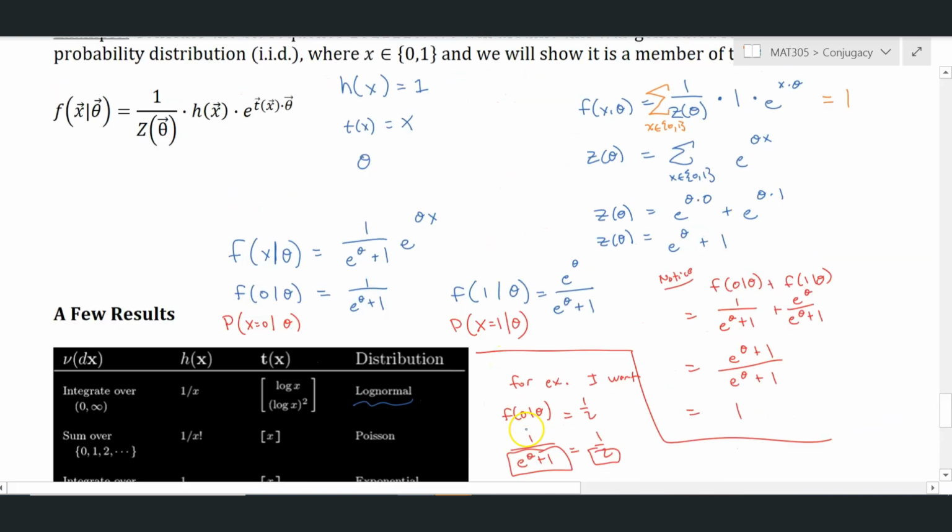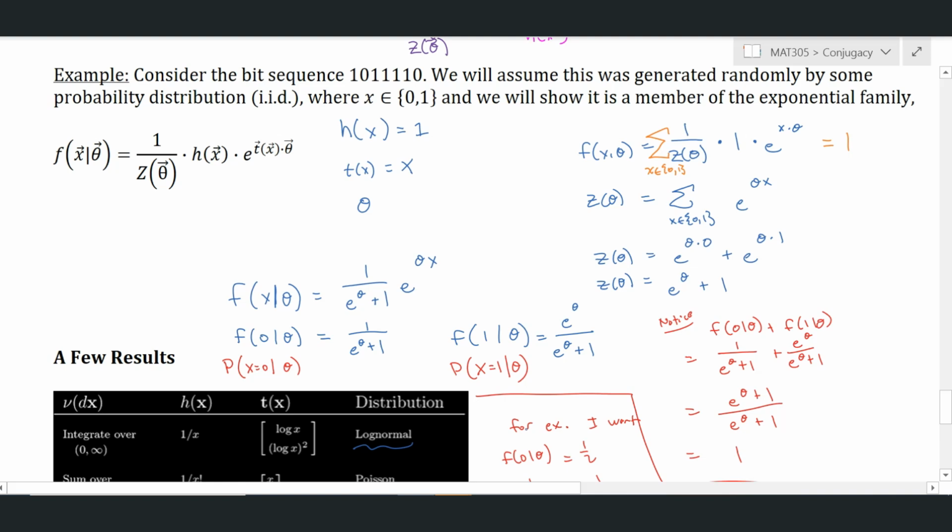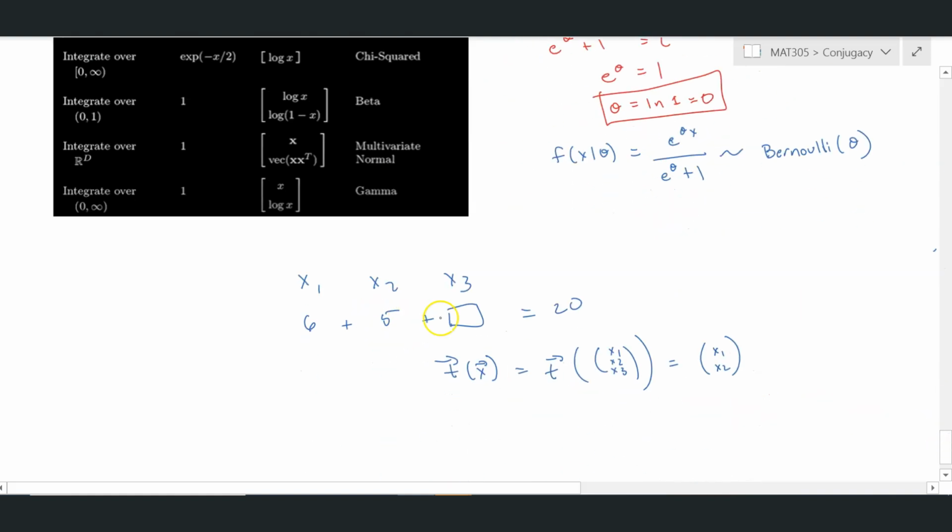In our case up here, the output is a 0 or a 1. There's no lesser information that we can require other than whether it's a 0 or a 1 in order to know whether it's a 0 or a 1. In order to know what x1, x2, and x3 are, we only need to know two of the values. That's sufficient to encapsulate what that third value should be as well.